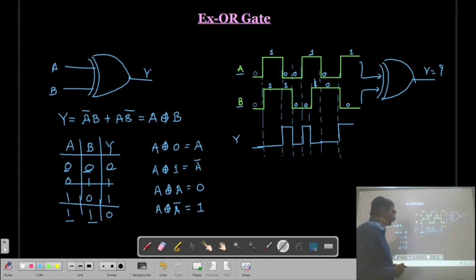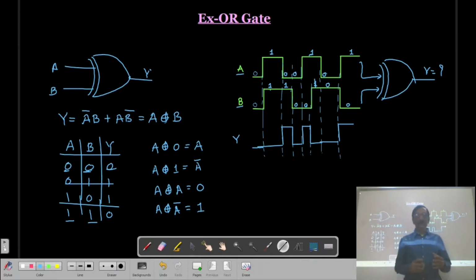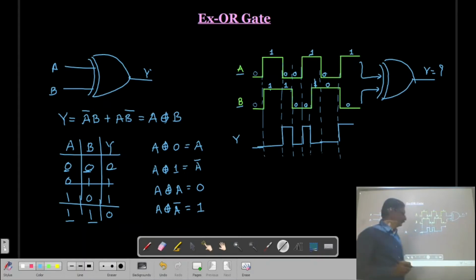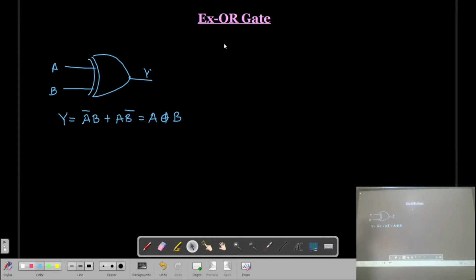Then we have discussed about the parity, or we have also discussed about the 3-input exclusive OR gate and the 4-input exclusive OR gate. Remember, we have discussed a 3-input exclusive OR gate and a 4-input exclusive OR gate.